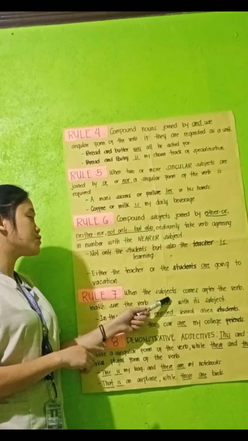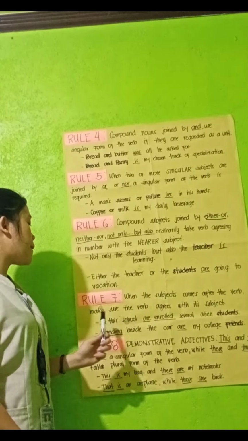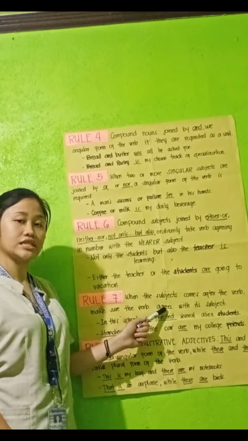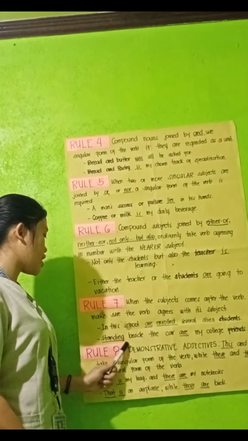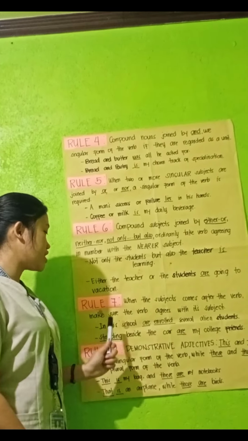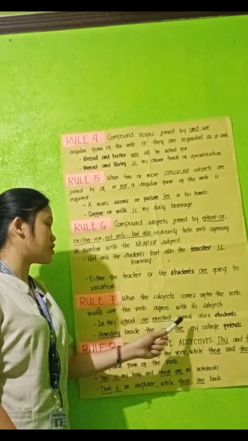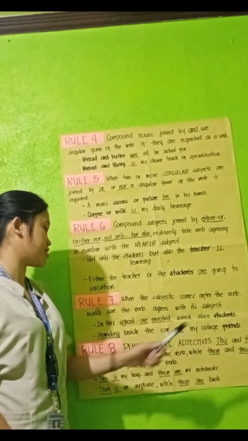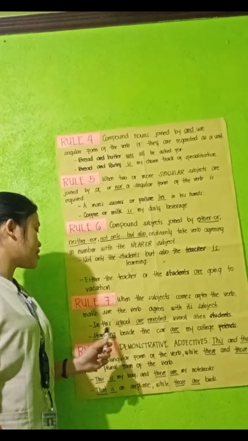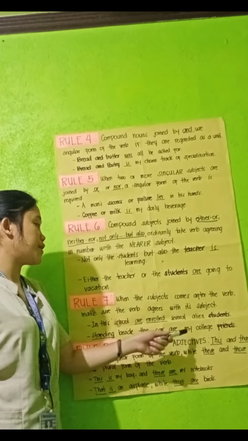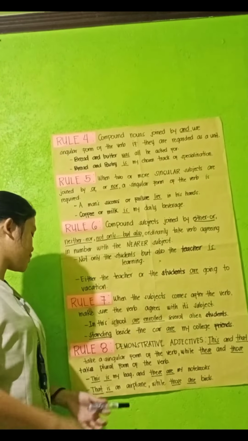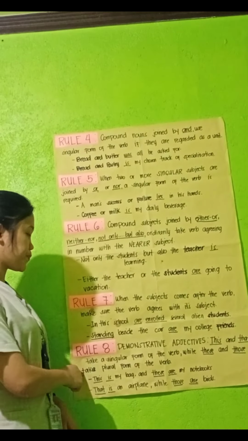Rule number 7. When the subject comes after the verb, make sure the verb agrees with its subject. For example, in this school are enrolled several alien students. Standing beside the car are my college friends. Rule number 8.